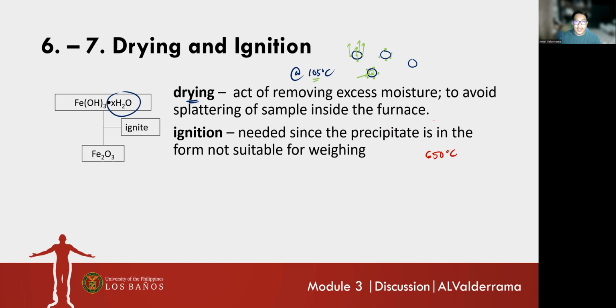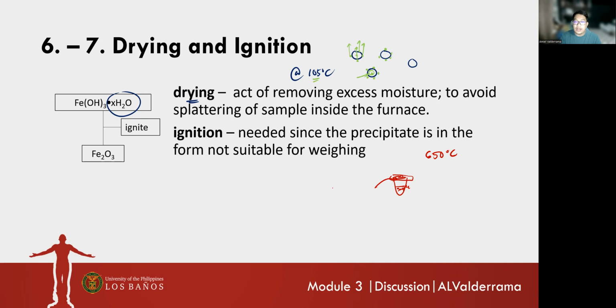Okay? So as you can remember, your sample is enclosed in a crucible. If this is your crucible and this is the cap of the crucible, your sample is inside this one. So if you subject our sample inside the muffle furnace, there is a tendency that splattering may happen since there is a build-up of pressure here.